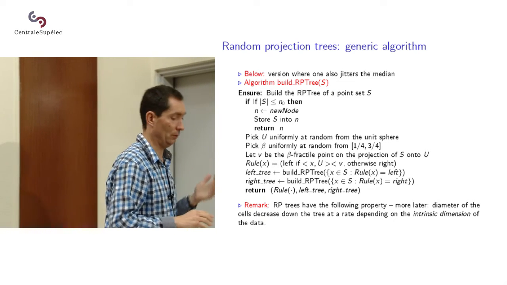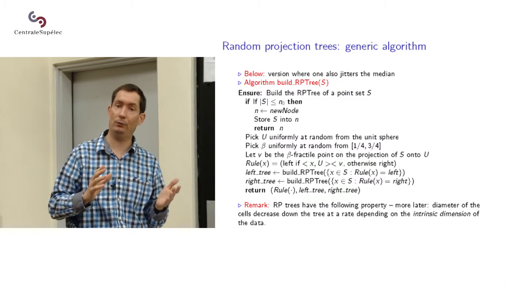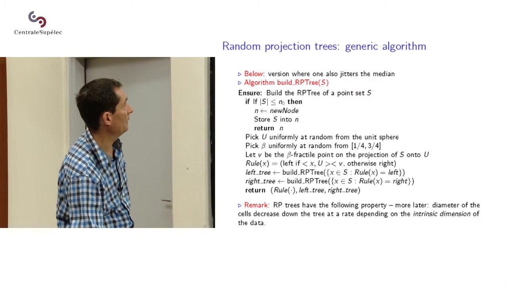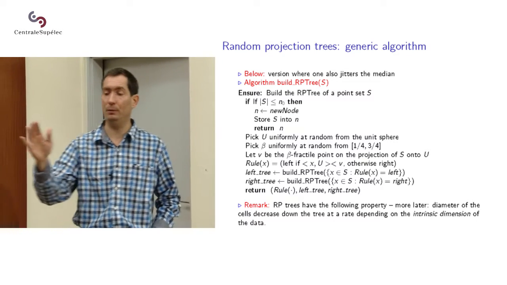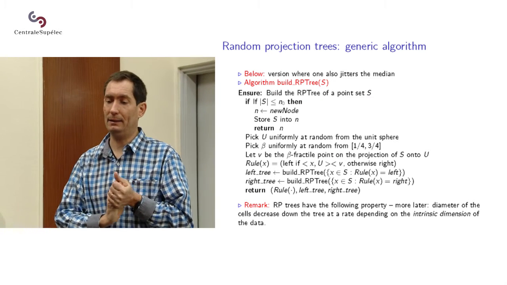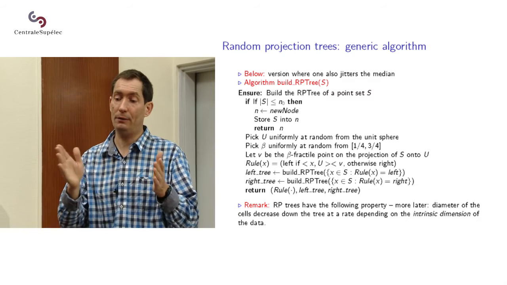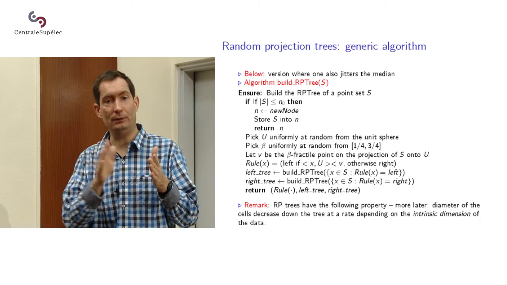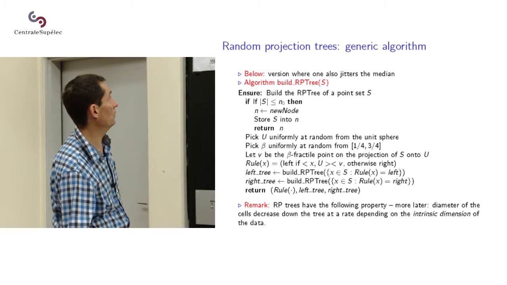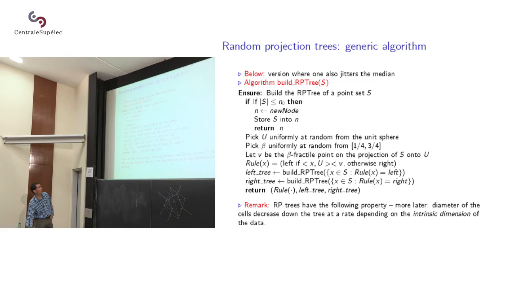And then what you can do is to split at the median, as we did earlier. Or I'm also now introducing what we call a jitter, a perturbation on the median. Instead of picking the median exactly at 1/2, you may also slightly shift it to the left or to the right. To do this, you can take a real number uniformly at random, let's say in some interval centered on the median, for example 1/4 to 3/4.